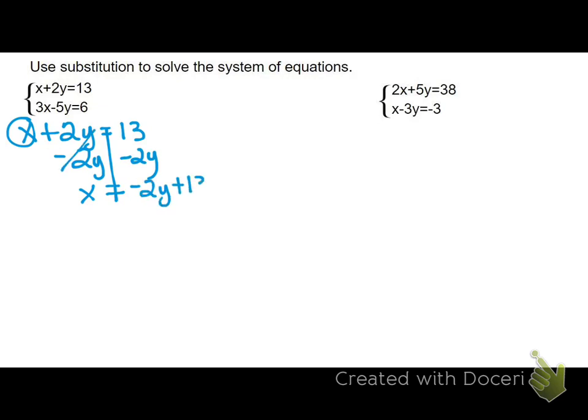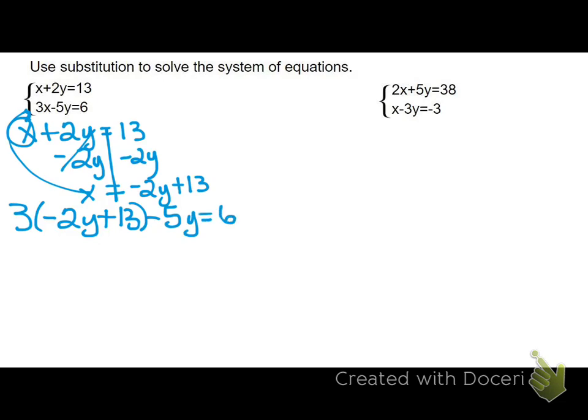Okay, what am I going to do with this new equation that I just rewrote? Use it to substitute for the bottom. That's right. So when I use it to substitute for the bottom, how would I rewrite that? 3, parentheses, negative 2y plus 13, parentheses, minus 5y equals 6.